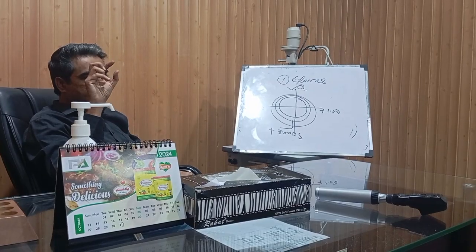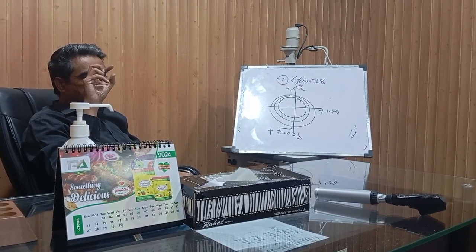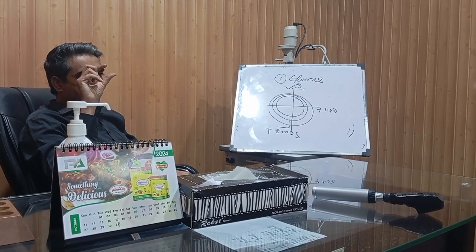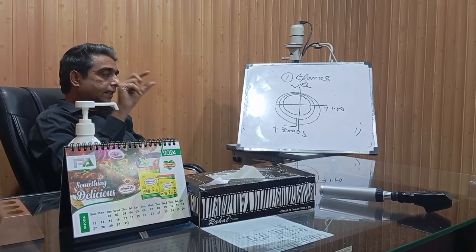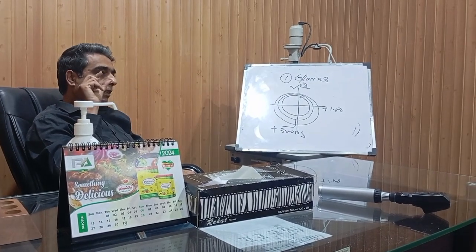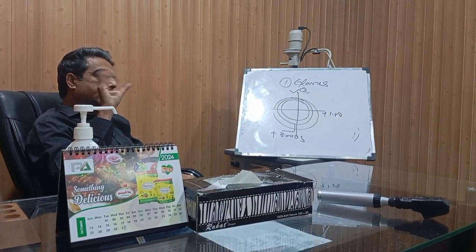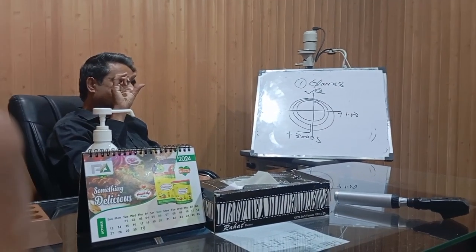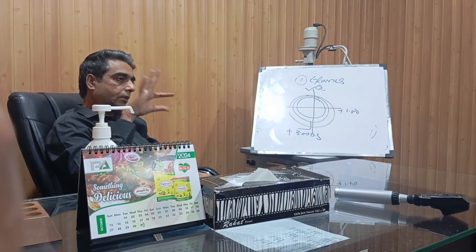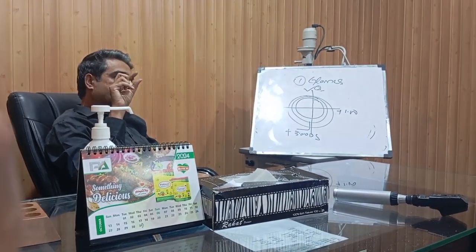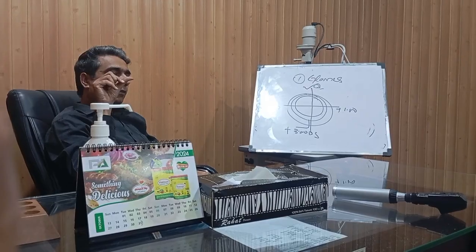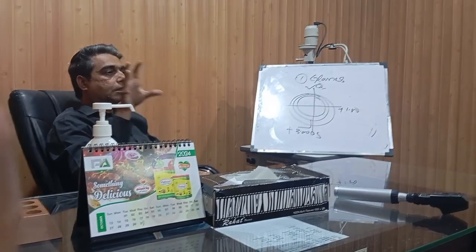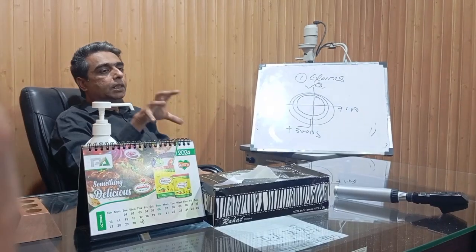When you place the lens and move it every 5 degree, he will say yes, it is clear when the right axis is approached. If you move it clockwise or anti-clockwise, even a displacement of 5 degree will cause distortion and doubling of the letters. So cylindrical lenses have to be given very carefully.